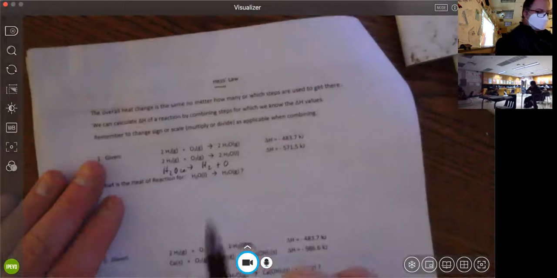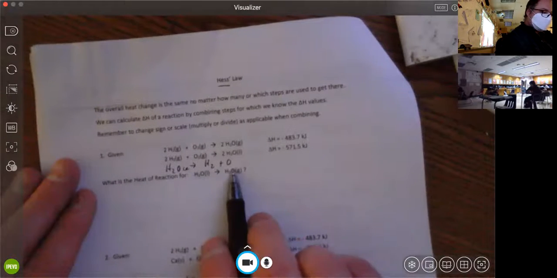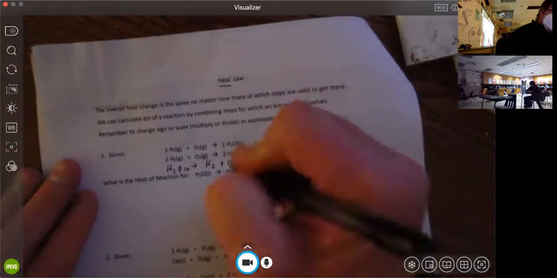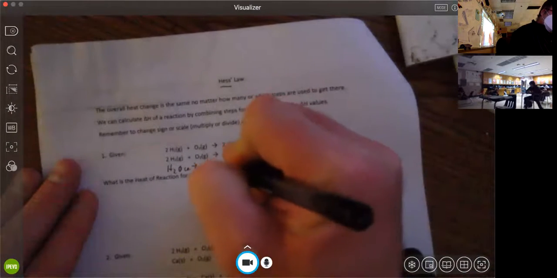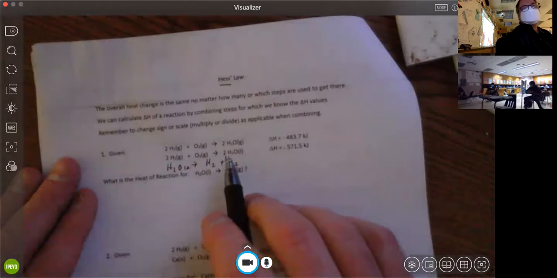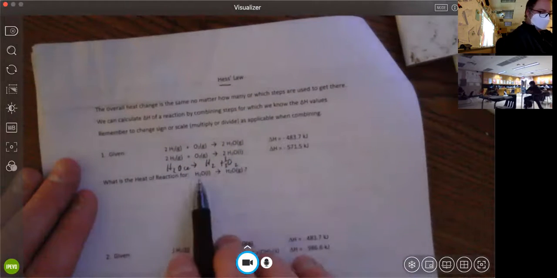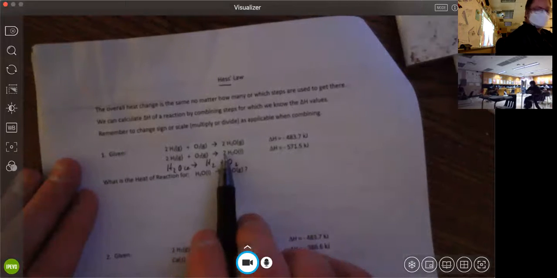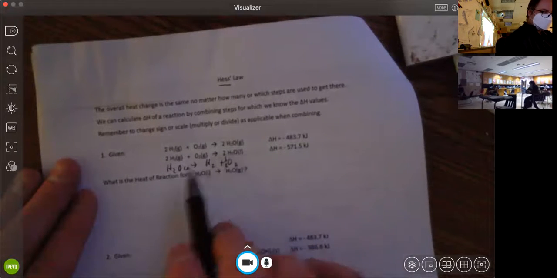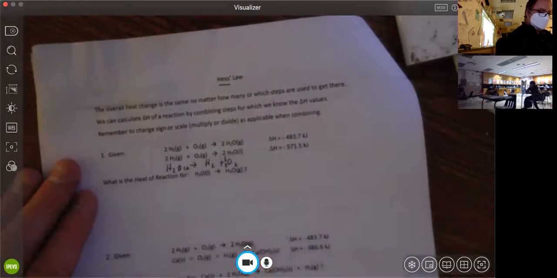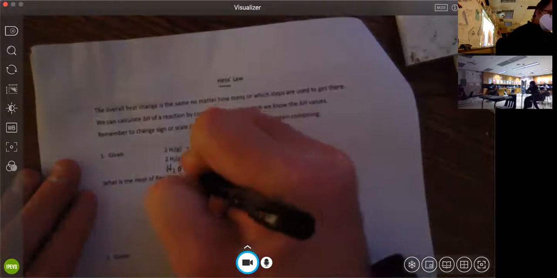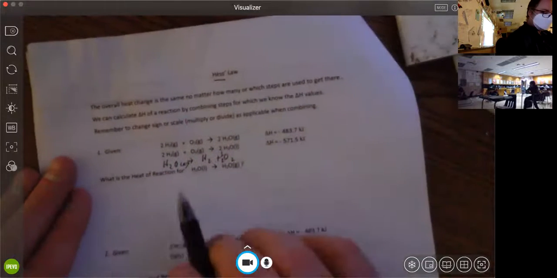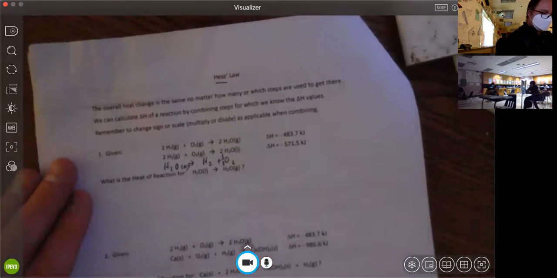The other problem is we need to reduce it, or divide it by 2, because we only have 1 mole of H2O here, and we have 2 moles of H2O here. So if we divide this by 2, then we get H2O liquid, which is the only thing we're really concerned about, getting this on the reactant side.